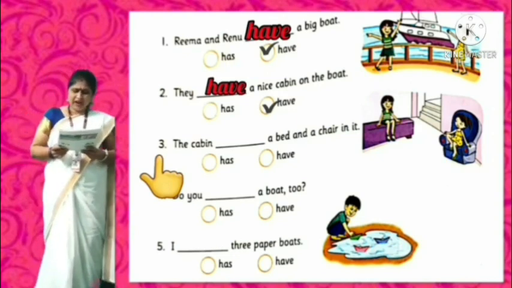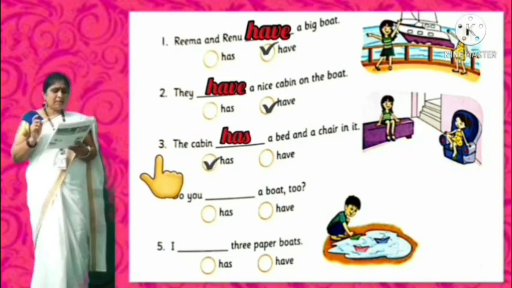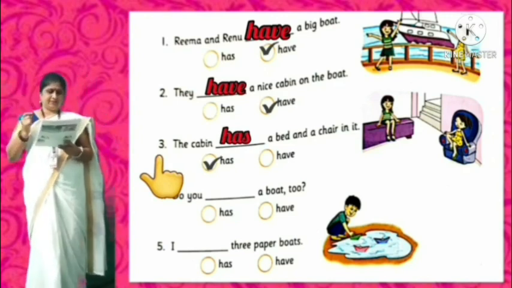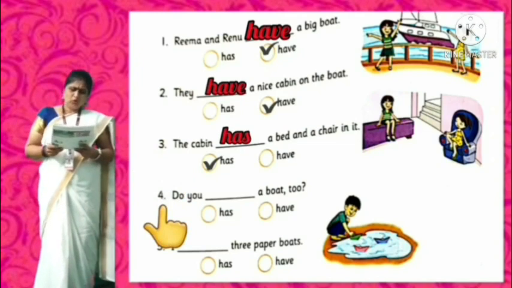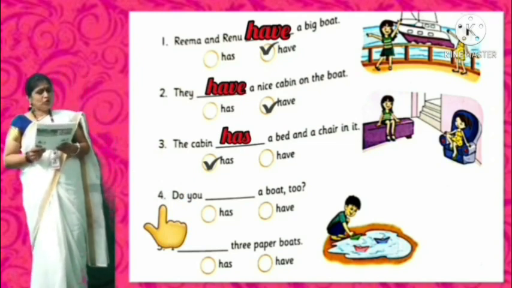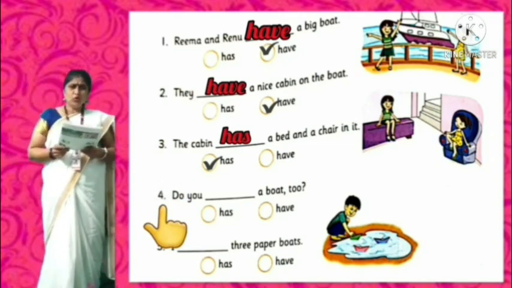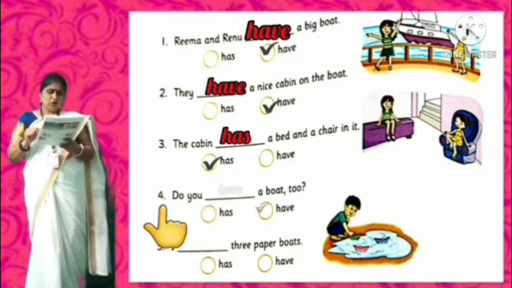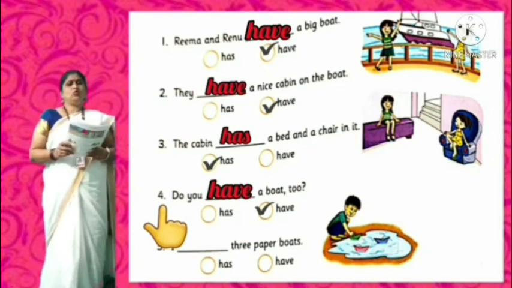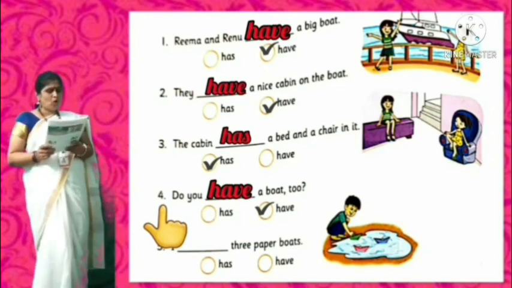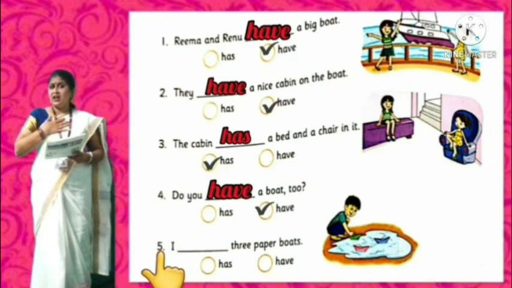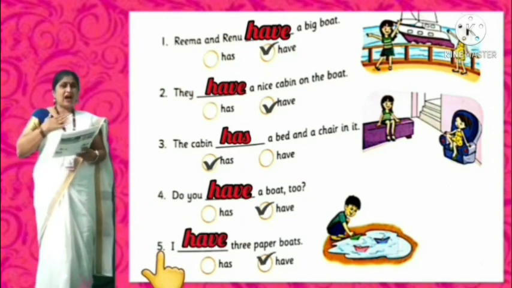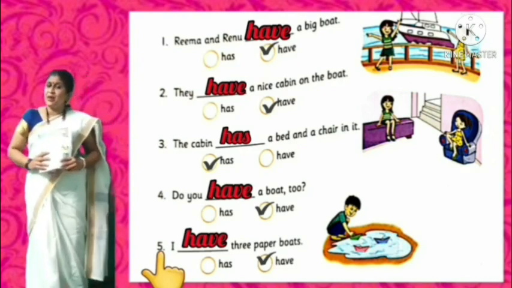So what do we have to write? Has. The cabin has a bed and a chair in it. Do you dash a boat too? Have. Do you have a boat too? I have 3 paper boats.